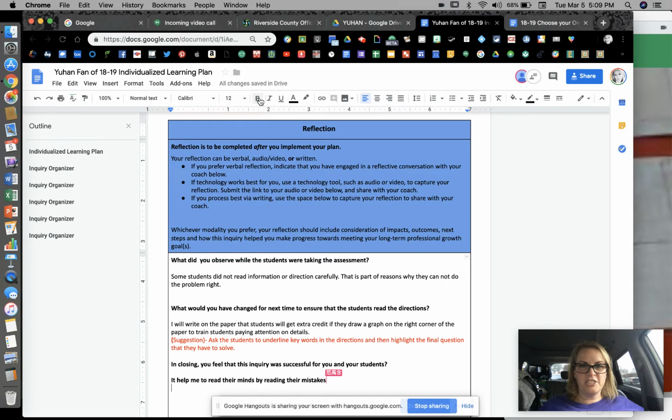Especially if you see that a lot of them are making the same mistake, then you realize, this is something I need to talk to the whole class about, not just one student. Exactly. And that helps, especially when a lot of students make the same mistake.